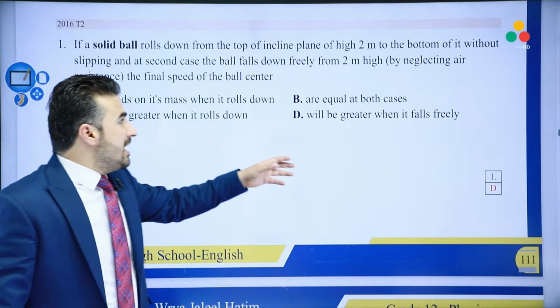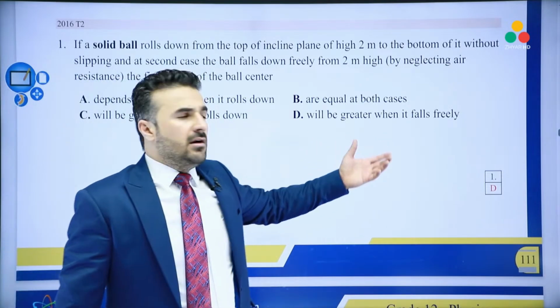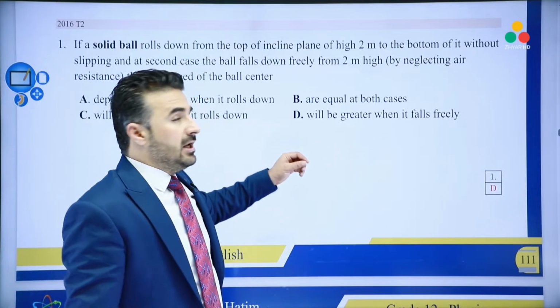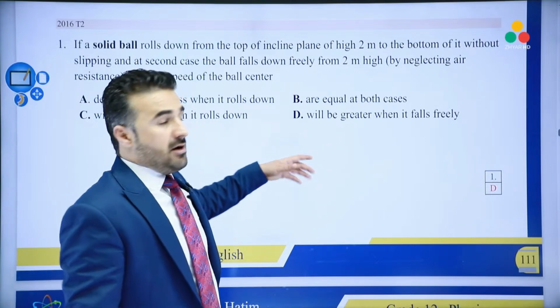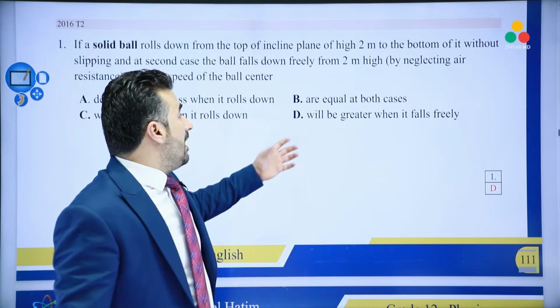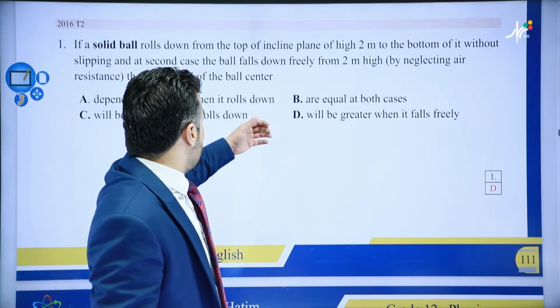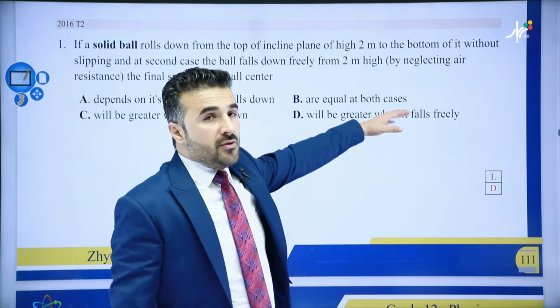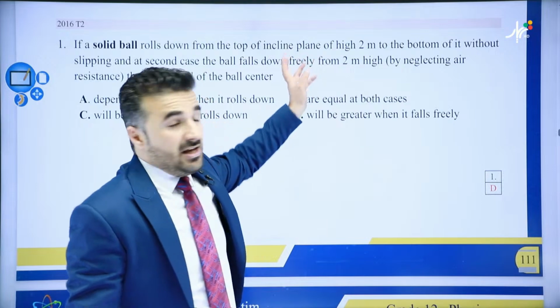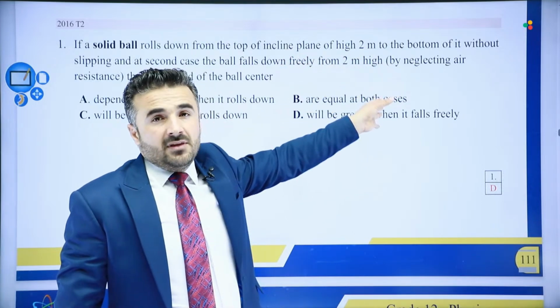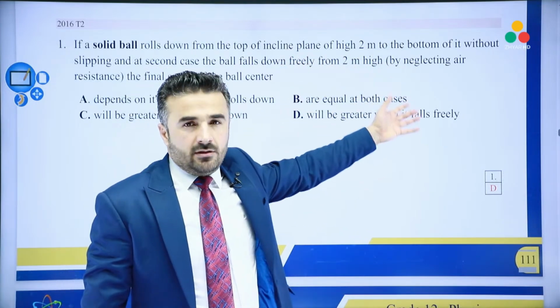No, because we did not have any mass for the translational, or let's say for the translational speed, not even for the rotational actually. It says the final speed of the ball center is equal in both cases. Is it? No, we just said that if it is falling freely, it will be higher.